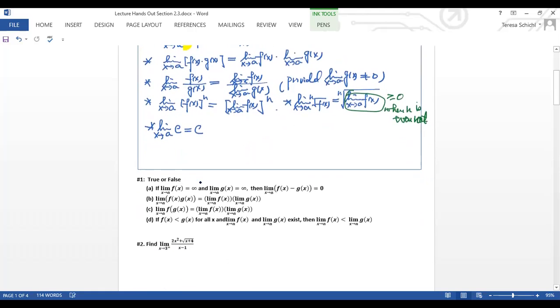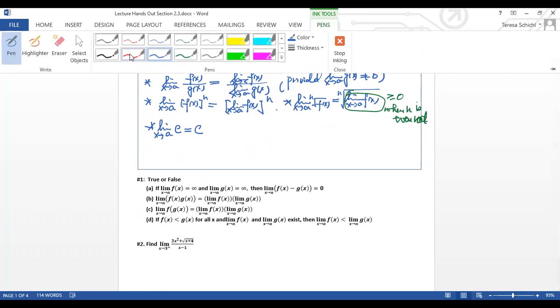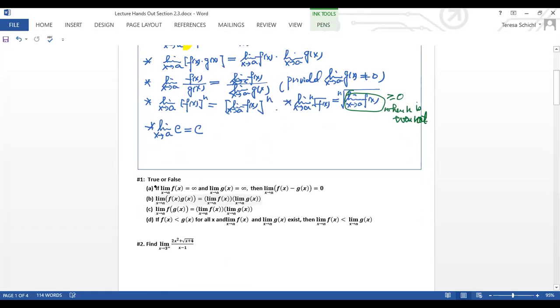Okay, let's take a look at the problems here. The first one, we want to know if it is true or false. We said the limit as x approaches a of f of x is equal to infinity, and the limit as x approaches a of g of x equals infinity. Then can we say the limit as x approaches a of f of x minus g of x equals 0?